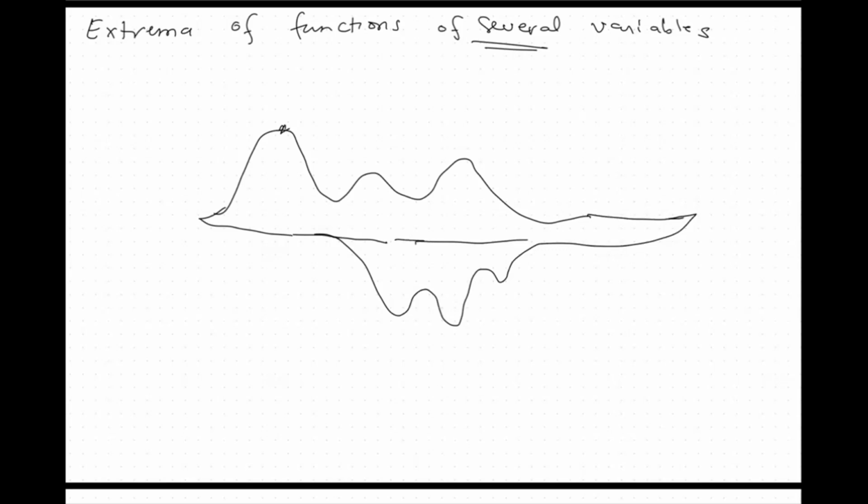So here, if we get these points, these are called A1, A2, A3. They are called relative maximum.